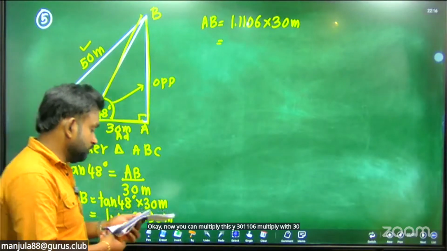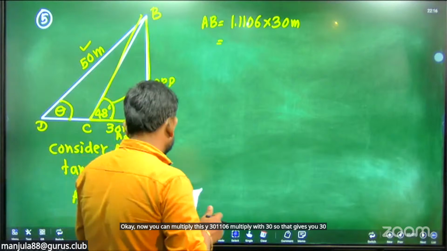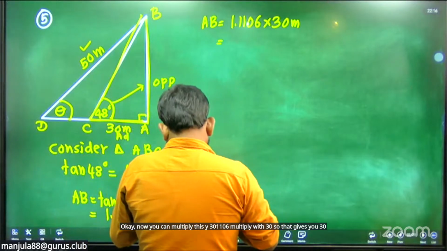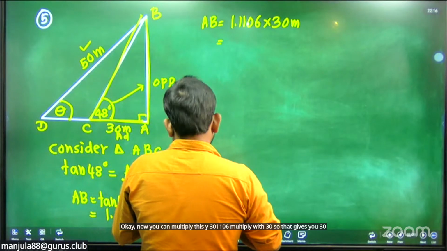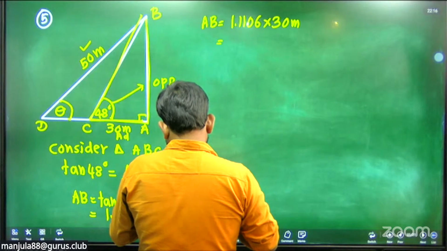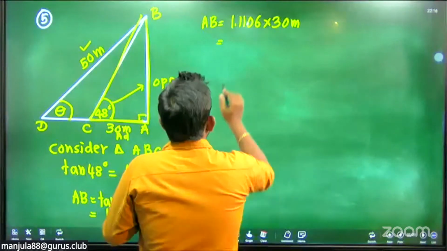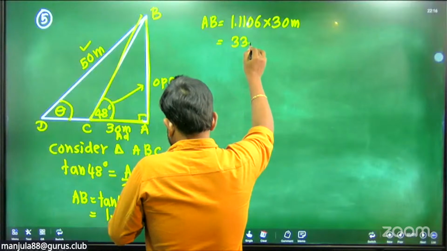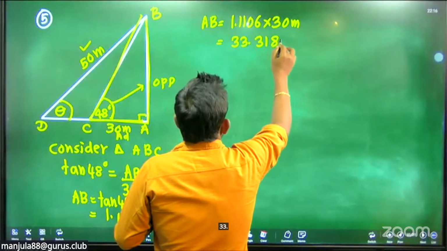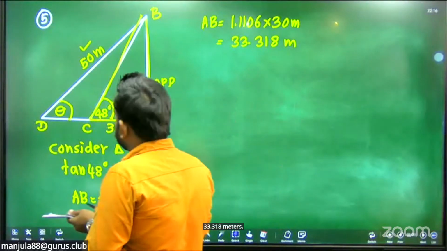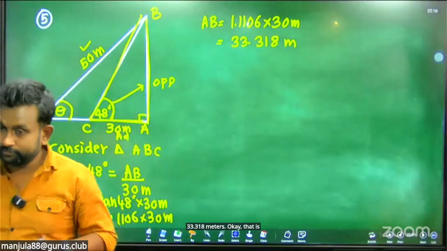So that gives you 33.318 meters. That is the AB length.